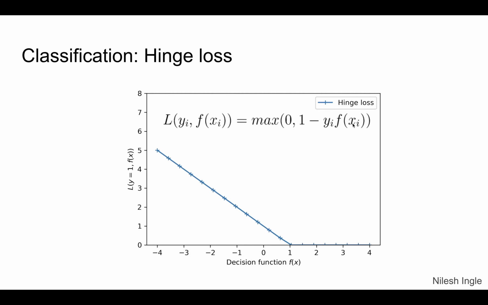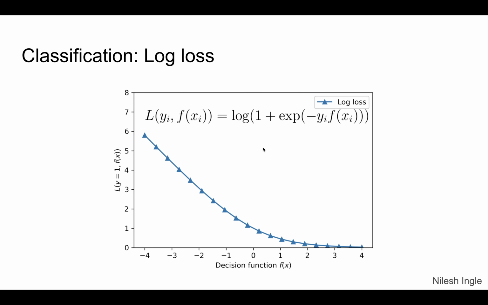Similar to the hinge loss, this equation shows the log loss, where we have a log and an exponential term in the equation, and the shape is different from what we had earlier, where this does not completely go to 0 at 1. It approaches 0 as the value for f of x increases.